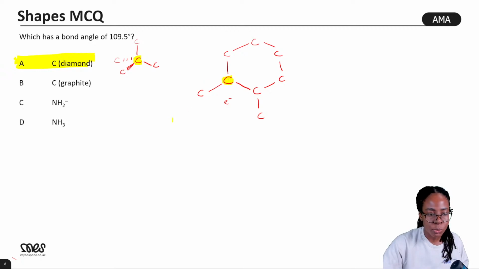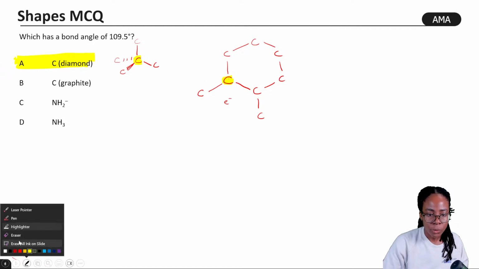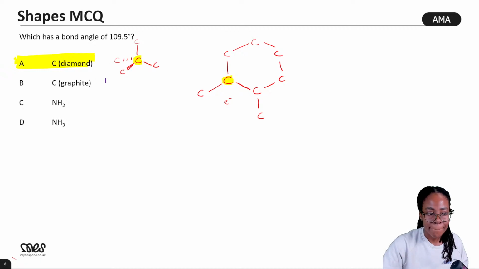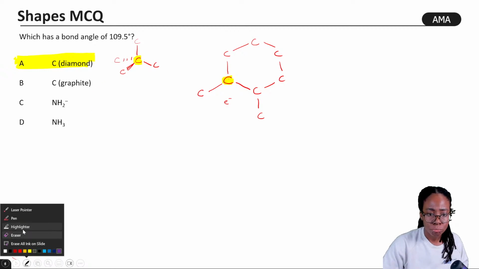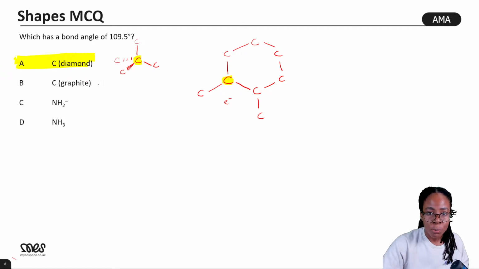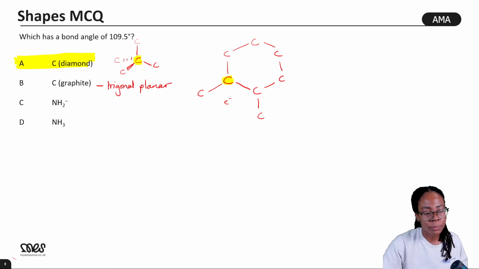If we were just to look at each one, what's the shape around each one? Trigonal something. We can't just say trigonal. Lovely, trigonal planar. And what would the bond angles be?